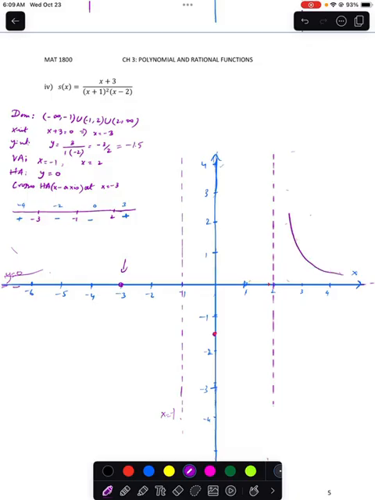Because you don't have a calculator, make sure you pick values which you can easily plug in and simplify and get some estimate of where we should be. So it looks like if you take a number close to 2, like 2.01 or even 2.1, you should be getting a big positive number.